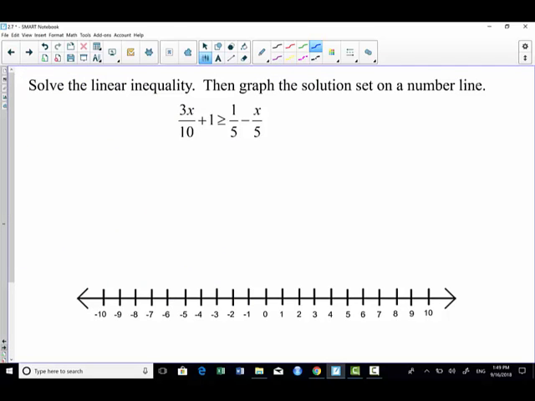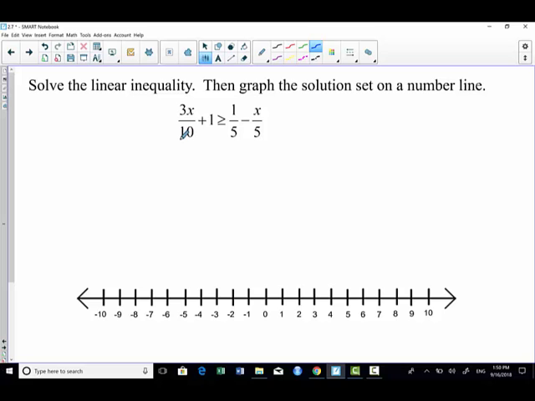This example is an inequality involving fractions. So the strategy we use is very similar to solving linear equations involving fractions. We always try to find the LCD as the very first step to simplify.